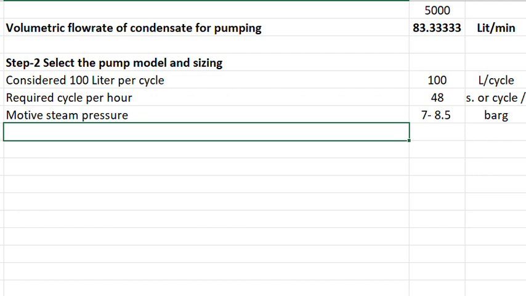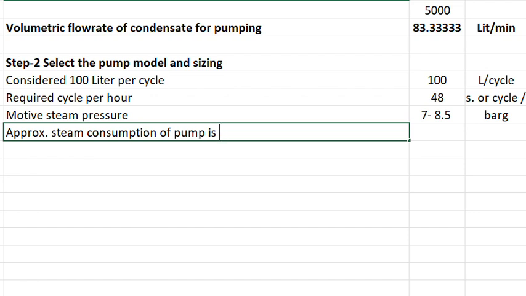If you check for the condensate load and the selected model, there is an approximate steam consumption of the pump. Basically, for each and every pump model, there is a specific requirement.